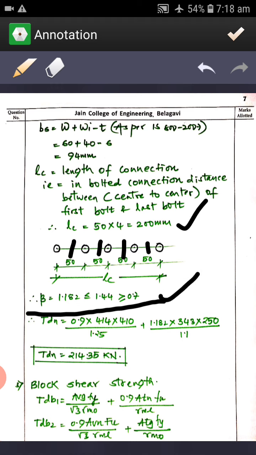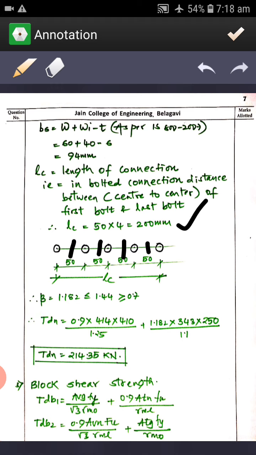So what does this indicate? Your beta value should not be more than 1.44, and it should not be less than 0.7. Are you getting my point?